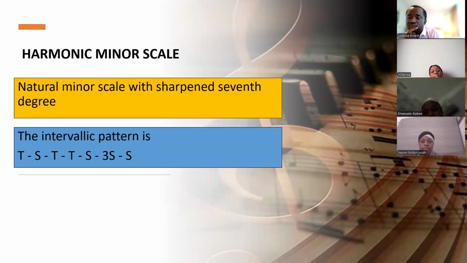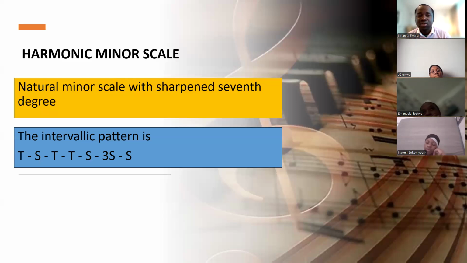Is it 3 semitones? 3 semitones, you're correct. So that's why you have that 3 semitones there. So between the 6th and the sharpened 7th is 3 semitones. That is the difference between the natural minor and the harmonic minor.